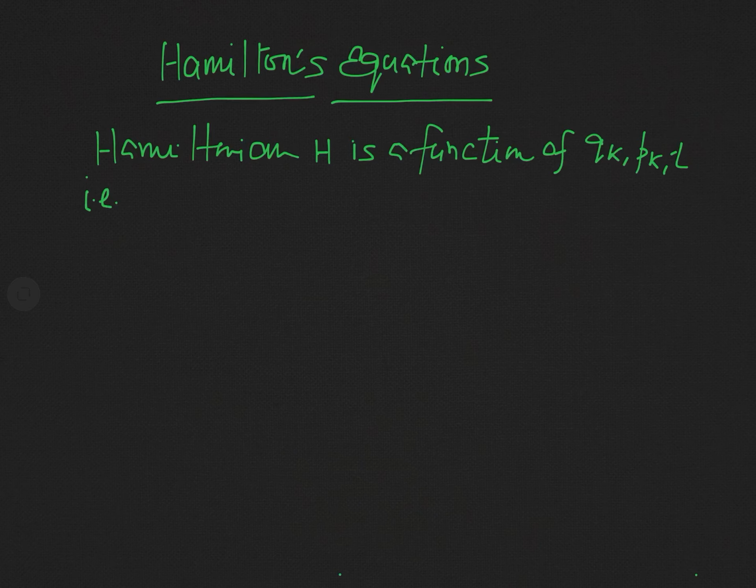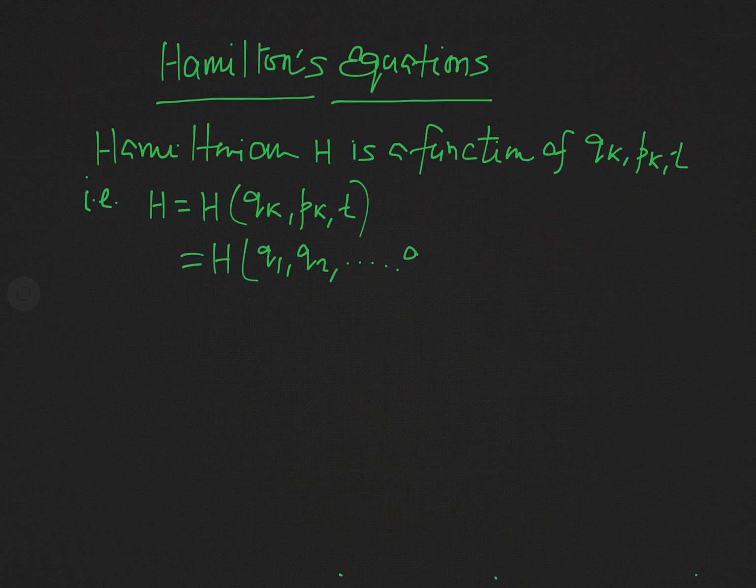That is, H is equal to H of qk, pk, t. Or you may write it as H of q1, q2 up to qf, where f is the degree of freedom of the system, and just like that p1, p2, so on, pf and t.